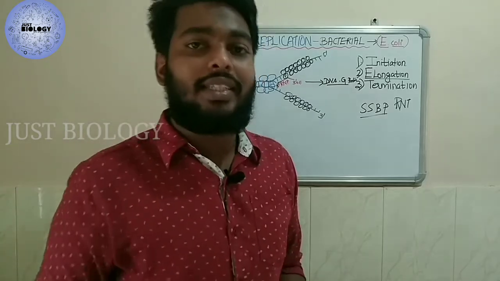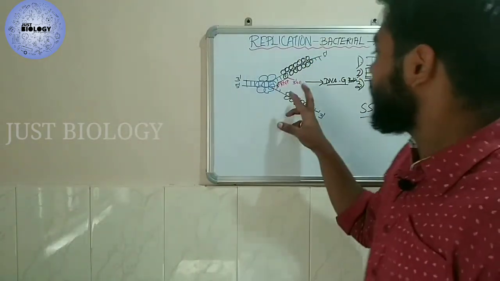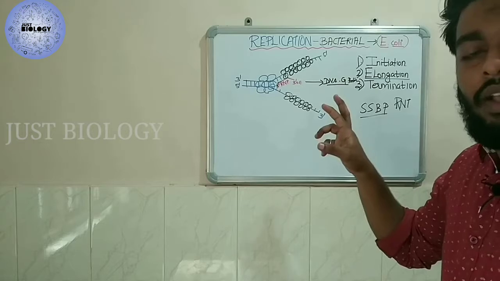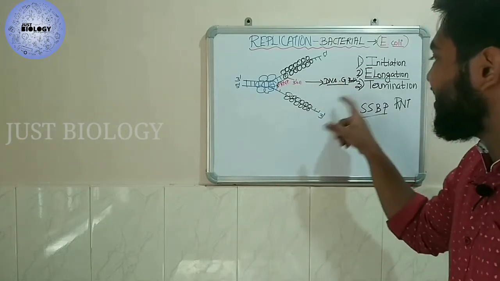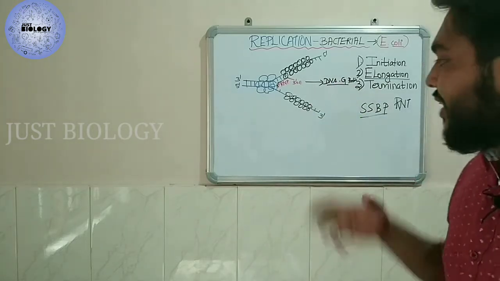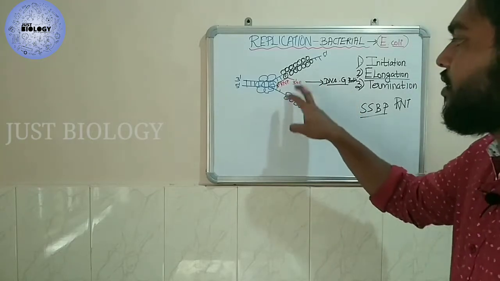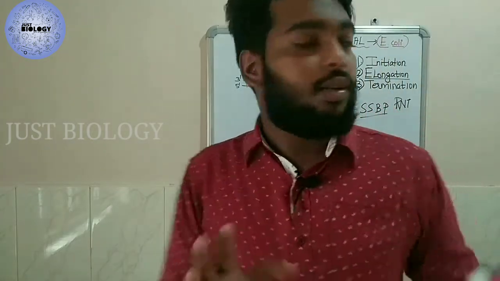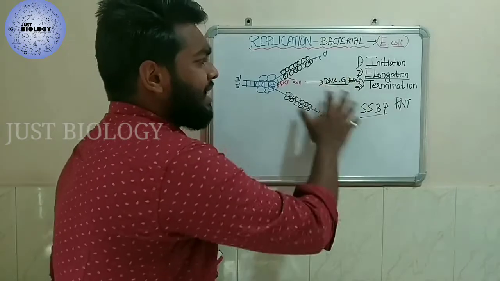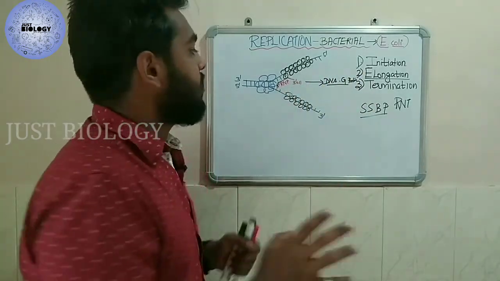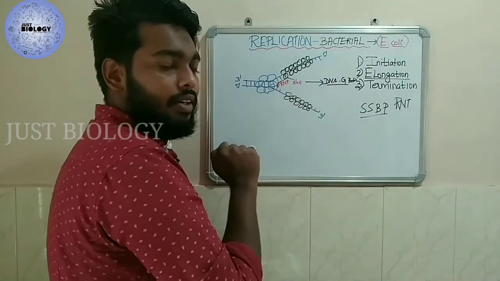We can call this DnaG protein a primase enzyme, because it synthesizes this RNA primer. Just look here: this DnaG protein will synthesize the RNA primer.